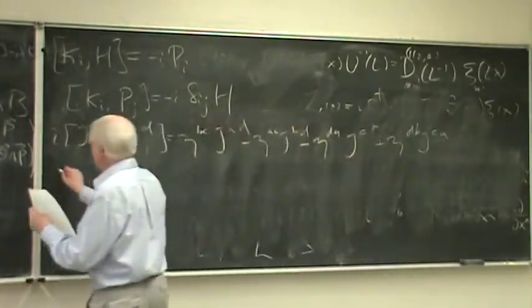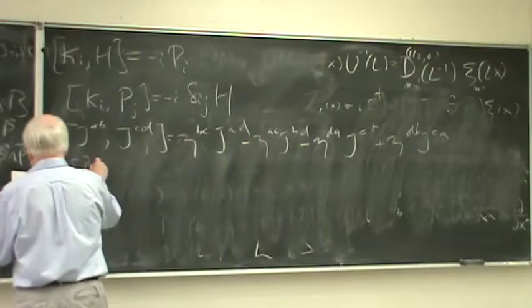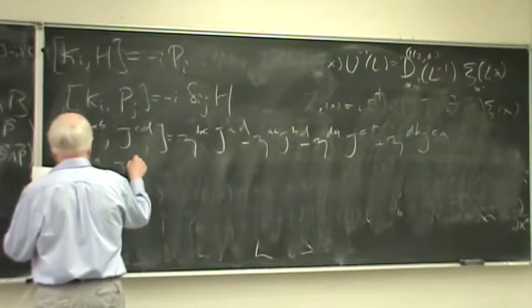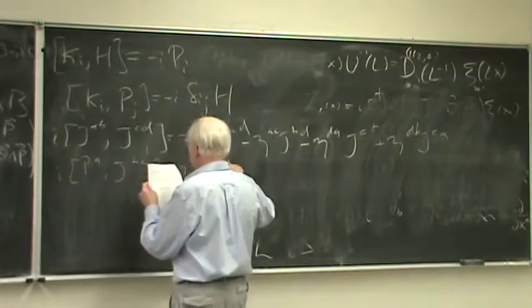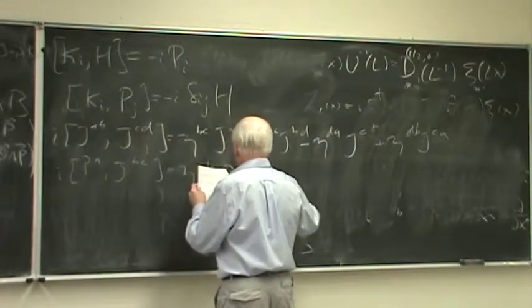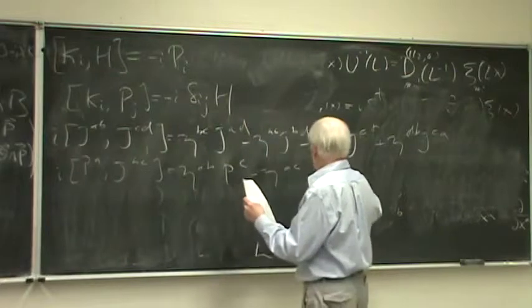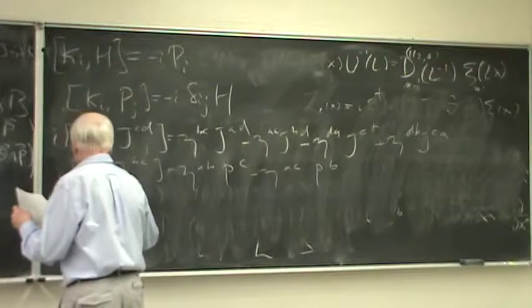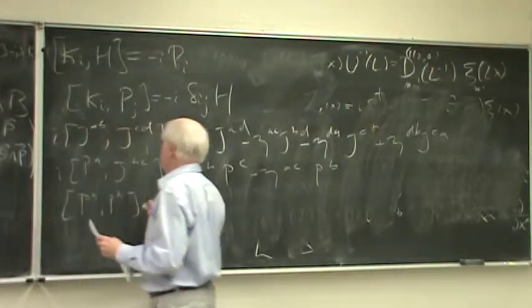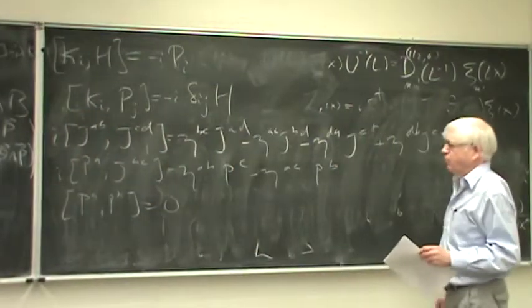And then, much more simply, [P_A, J_BC] is η_AB P_C minus η_AC P_B, and then [P_A, P_B] is just 0.